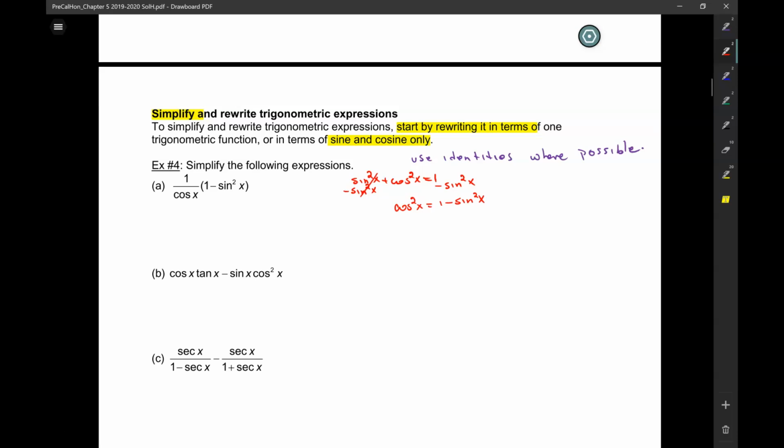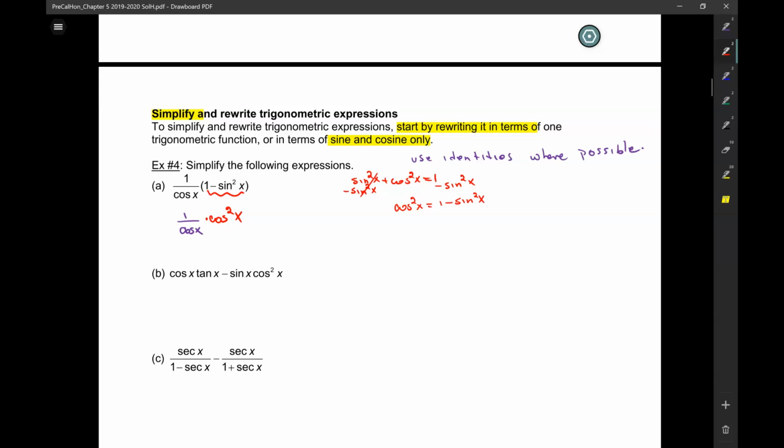So now let's go back to our problem. I'm going to leave this untouched, I'm just going to rewrite it. But look at this, guys: 1 minus sine squared x. What is that equal to? Cosine squared x. So you replace it with cosine squared x. Isn't that cool? Now, what's cosine squared x?